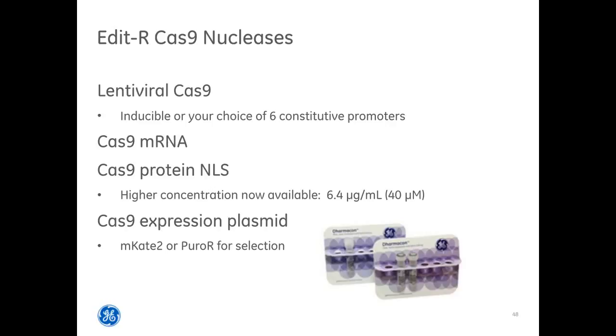And then lastly, we also have Cas9 as a DNA expression plasmid, which has the same choice of constitutive promoters as I discussed for the Lentiviral Cas9. And you also can choose between a fluorescent or an antibiotic resistance marker for when you do need to do a selection or enrichment of transfected cells.